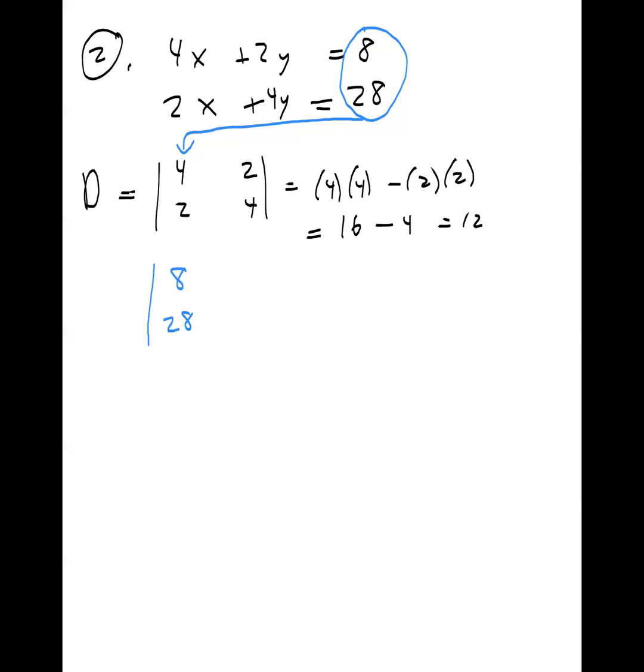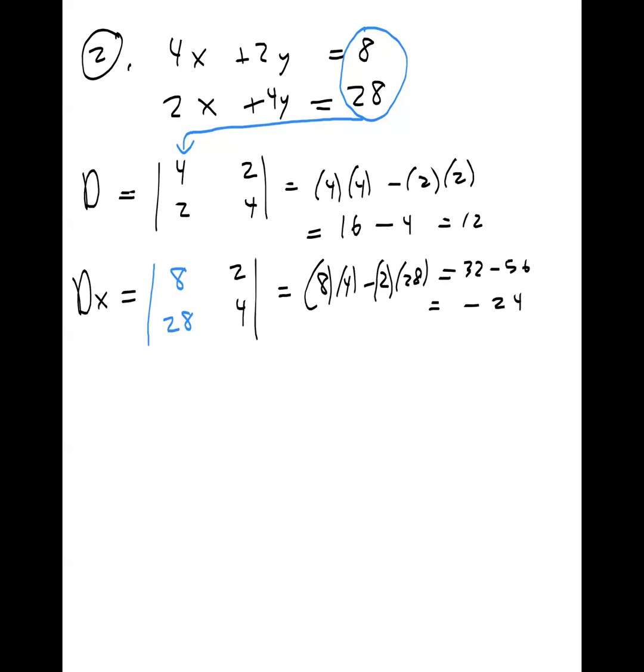The other two numbers in the problem stay the same. This is called the determinant of x, or Dx for short. So it's 8, 28 and then 2, 4. And then you still do the first corner times the last corner minus the other two corners multiplied together. So you get 32 minus 56, which equals negative 24.